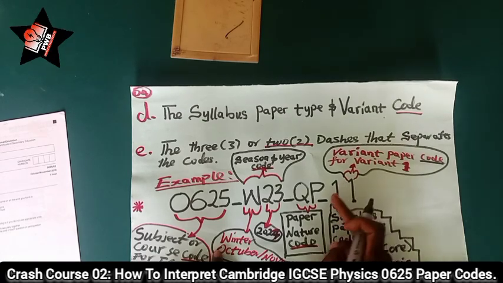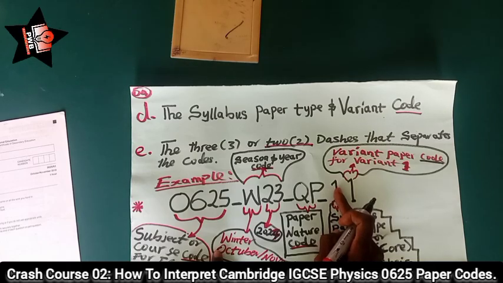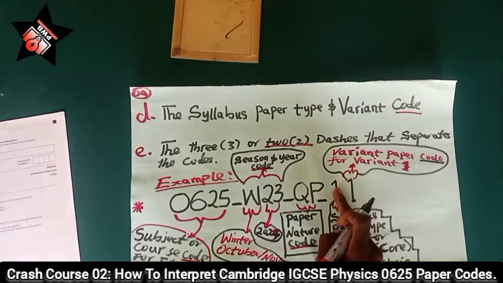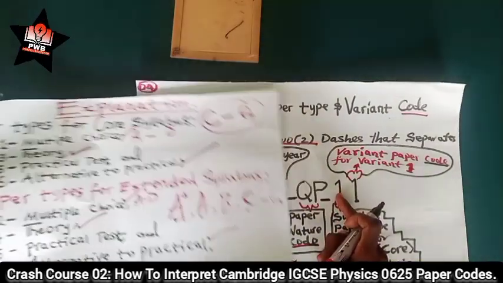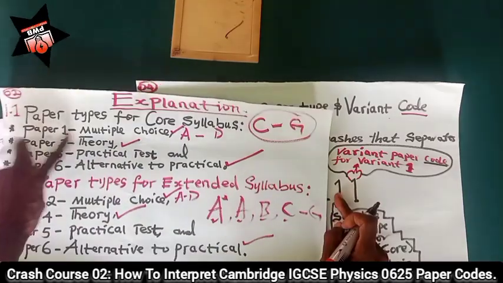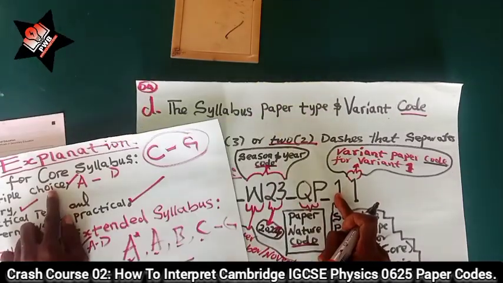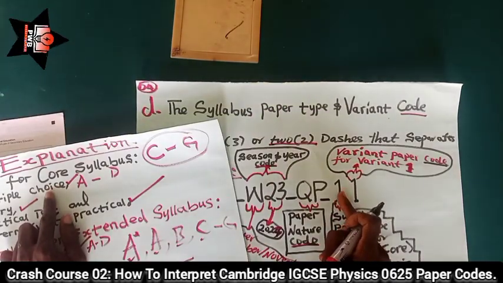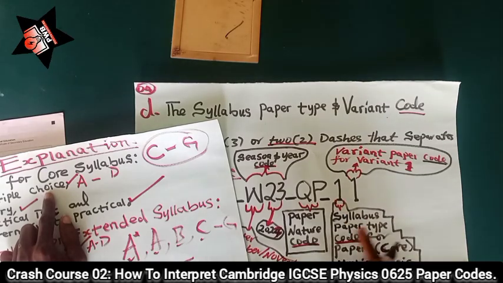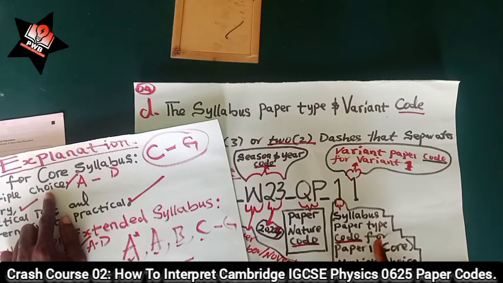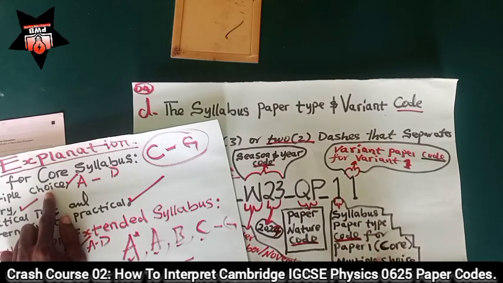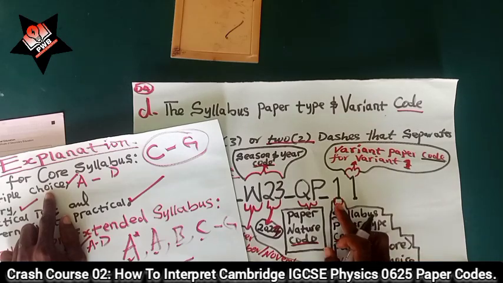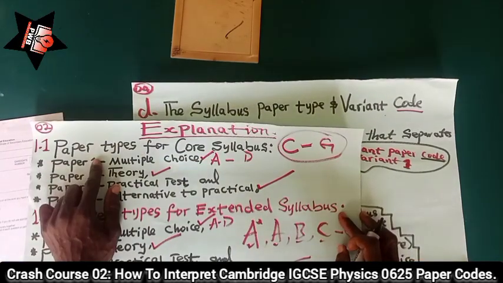In all the papers, the first figure here stands for the paper type. In this case, the 1 here stands for Paper 1, which is multiple choice. It means that any place you see this 1, it stands for the syllabus paper type code for Paper 1, multiple choice. That is what it means.